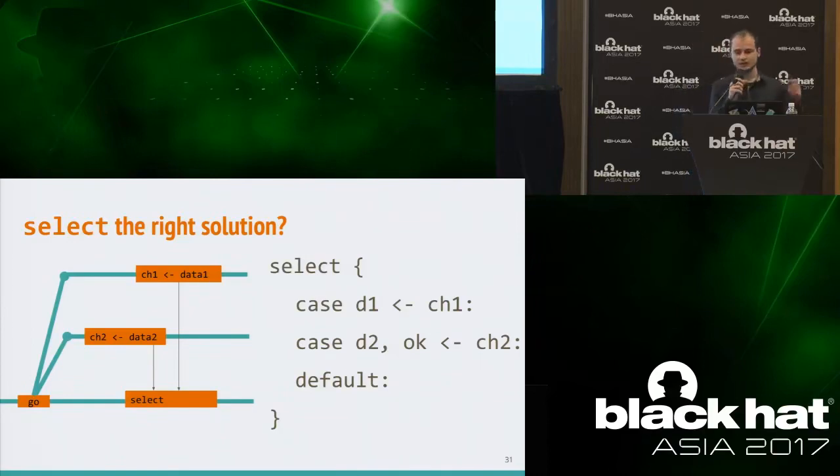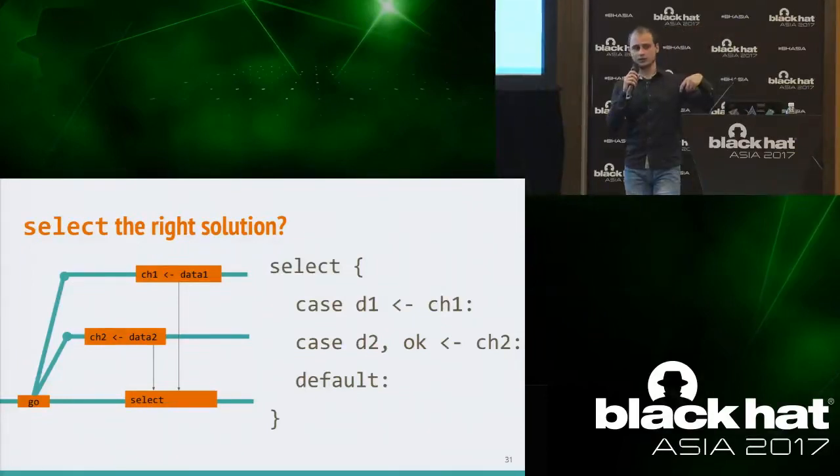So if data is ready to be read, you can perform the computation you need. You can also read if the channel has been closed, because you can read two values from a channel. The first one will contain data, if there's any. The second one will contain false, if the channel has been closed. The default statement, if you put that in, the select will be non-blocking.